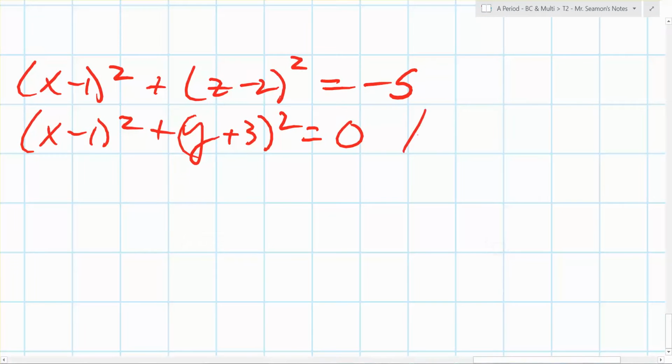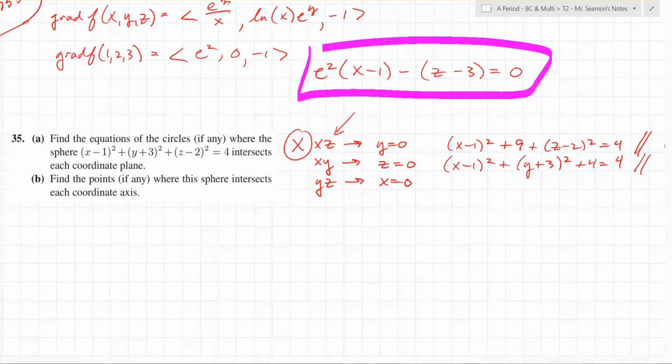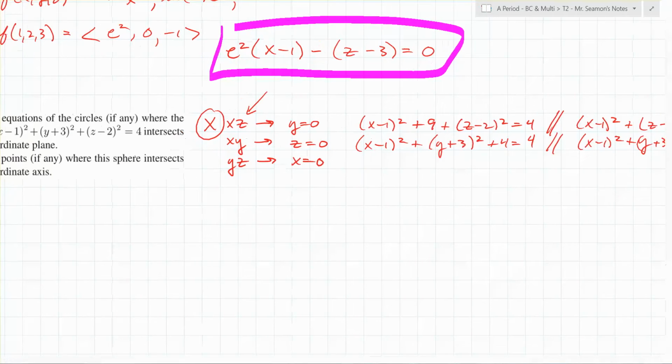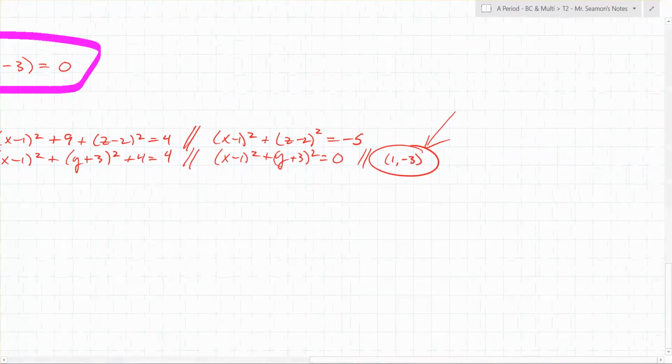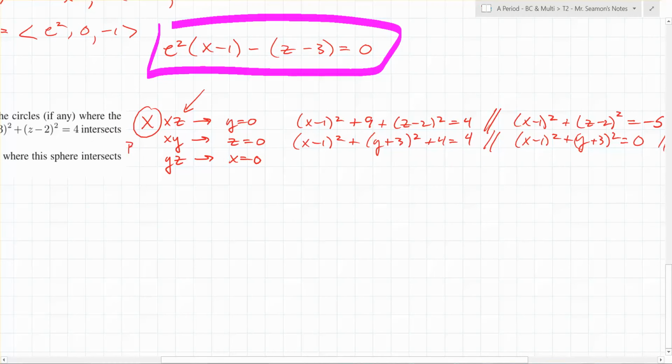So what's the only solution that makes that true? x is 1 and y is -3, right. So where does this sphere touch that plane? At a point. And that's where z was equal to 0. So it's at the point 1, -3, 0. So this one touches at a point.